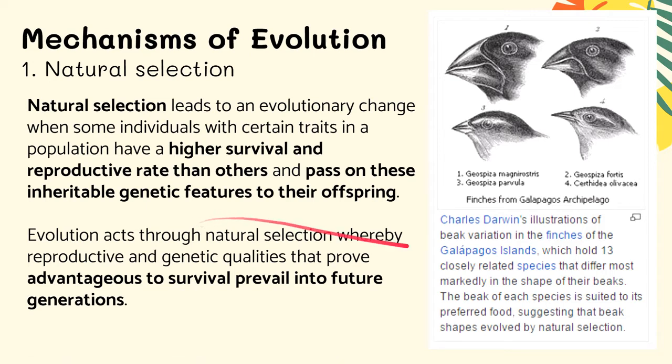What led Charles Darwin to think about natural selection was when he collected specimens and looked at the different beaks of finches, a type of bird, in the Galapagos Islands, and he saw that these species seem to be closely related to each other. However, their beaks are different, and they are mostly based on the type of diet that they have.